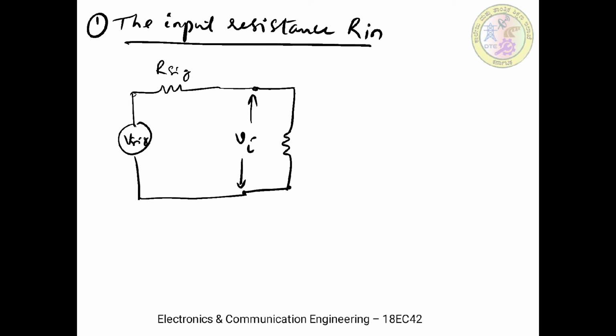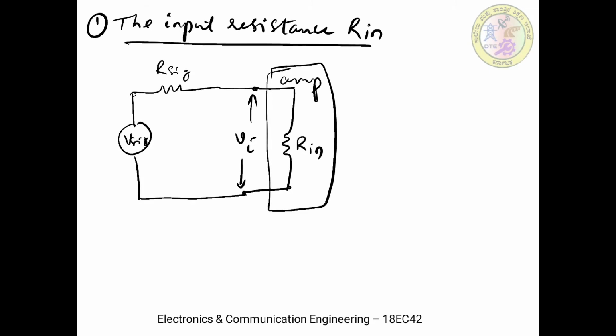Here what we have is Rin, the input resistance. This complete part is related to the amplifier. This is the source part, which is going to provide the signal to the amplifier.